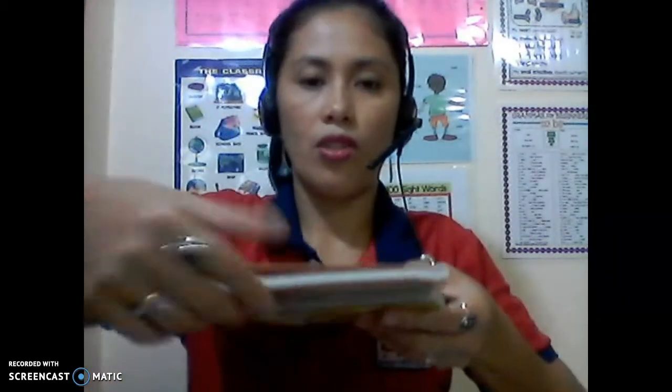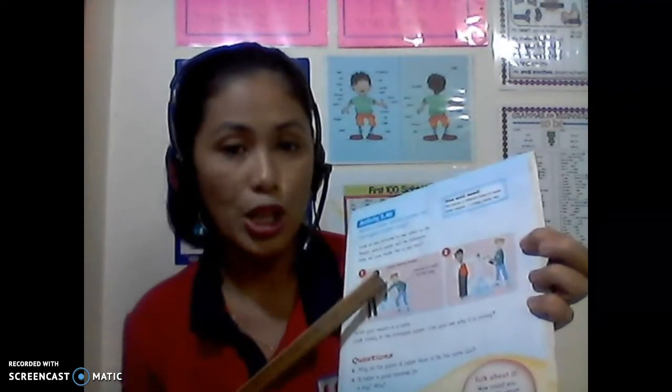Look at its width. It's thin, and this one, look here, is thick. If you put them together, this is thick, this is thin. So the only variable that we change is the thickness of the paper. The paper used here is thicker than this one.